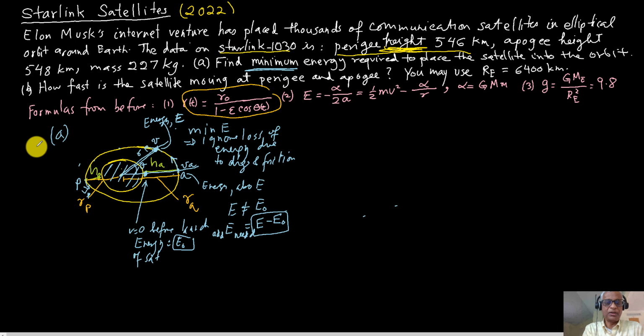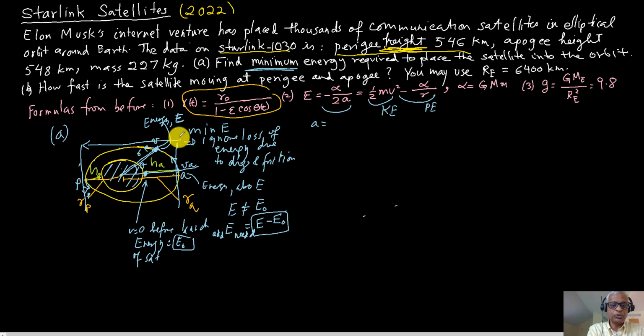So how do we figure out E? From the previous parts of this series of lectures and problem solving, you may know that energy is given by this: this is the kinetic energy, and this is the potential energy, and you can simplify it, and this will be the energy. And A is the semi-major axis.